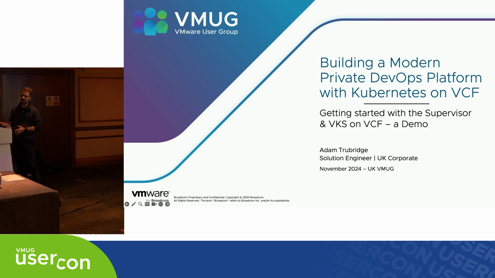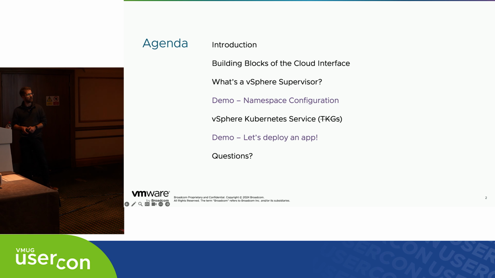This is the new name for what used to be TKG. So we'll go into a little bit more detail about what that is, but just a bit of an agenda.